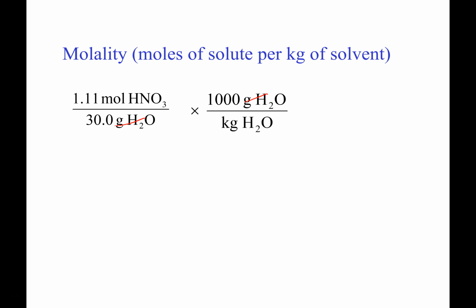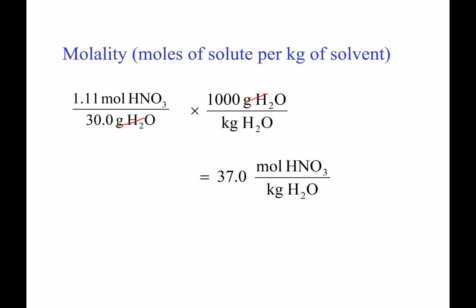So again, moles of HNO3 per kilogram of H2O. 3 sig figs, that gives you the molality of 37.0. Cool.